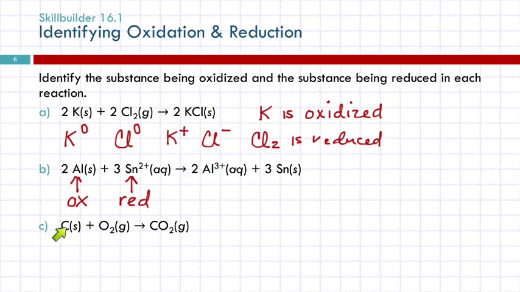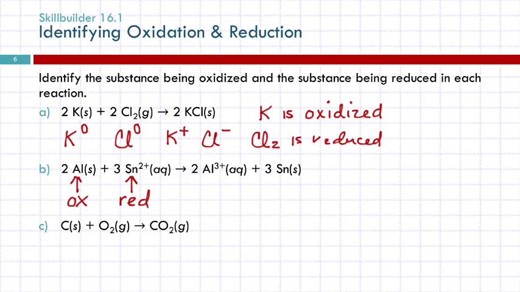Letter C, carbon plus oxygen to form CO2. Looking at charges of ions doesn't help here, does it? What definition of oxidation can we fall back on? Oxidation is the loss of electrons, but nobody seems to be losing electrons.